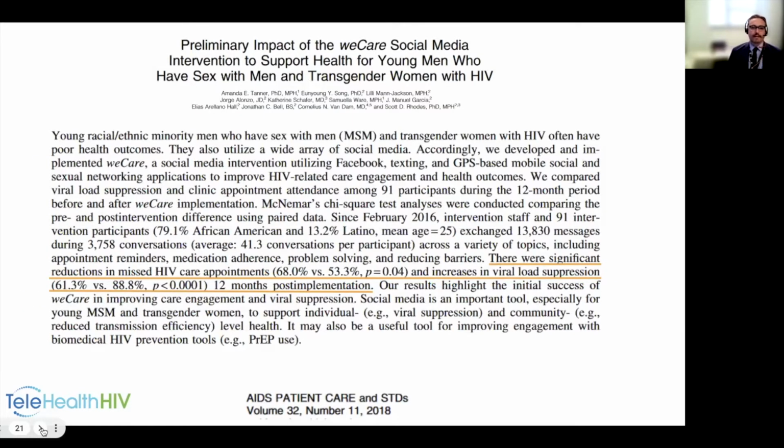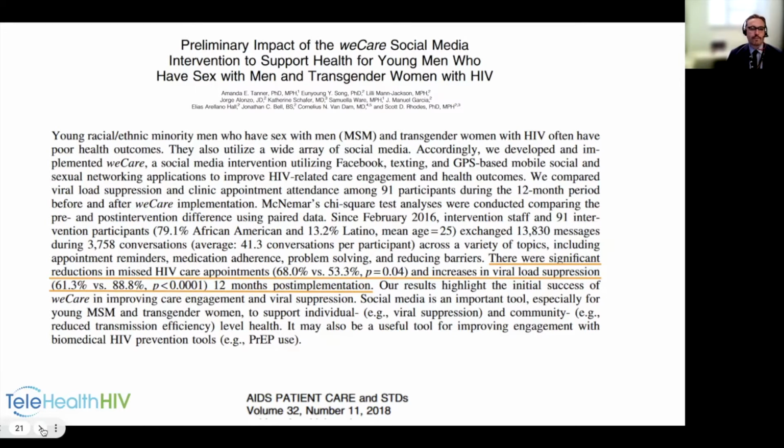And this is my last example here, but again, another fairly small study. This is something called WeCare. Again, these are all just different apps. And this also involves social media. My concerns about that are privacy, not just privacy in general and protecting protected health information, but a patient's perception of privacy. I could see a patient saying, I don't want Mark Zuckerberg to know I have HIV.